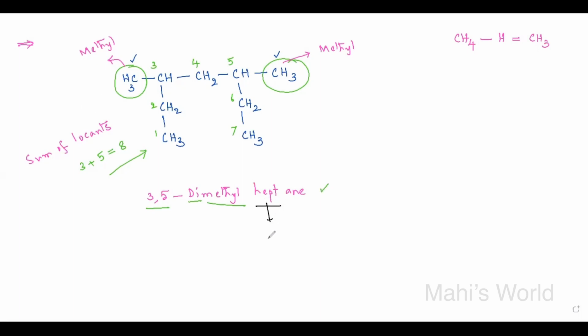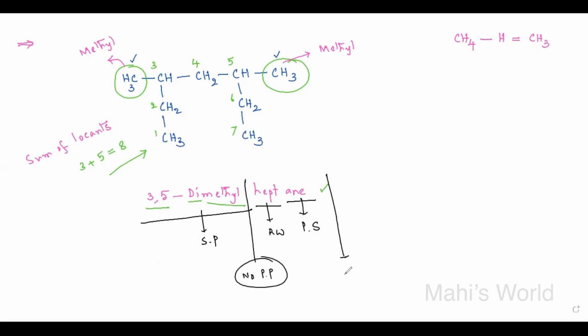Hept is the root word. Ane is the primary suffix. And this 3,5-dimethyl is the secondary prefix. No primary prefix and no secondary suffix.